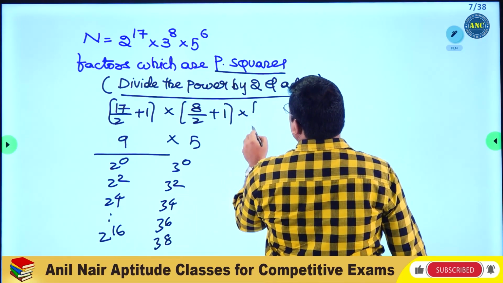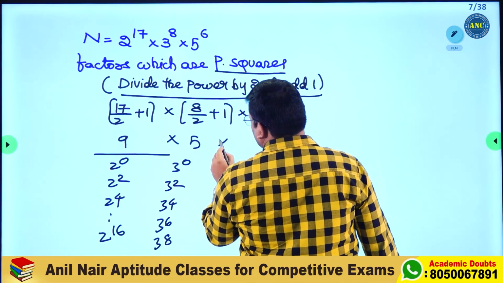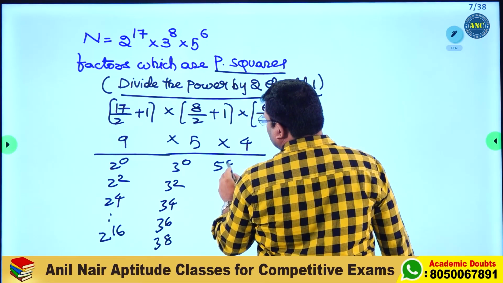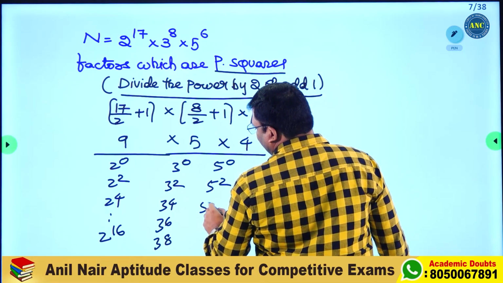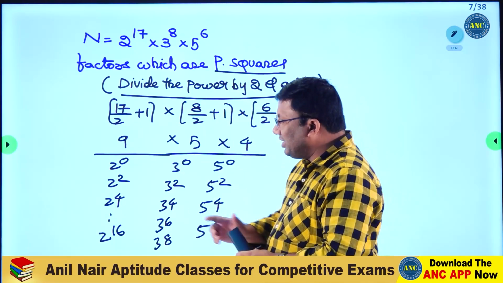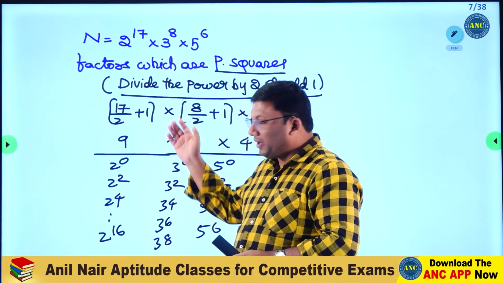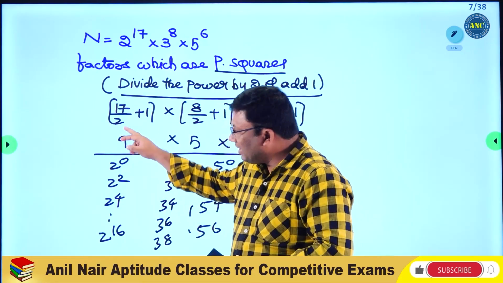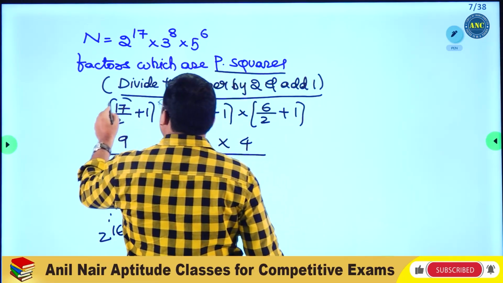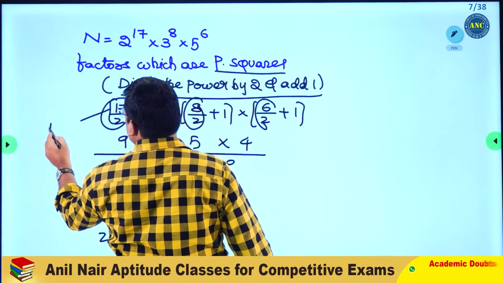Here it is 6 by 2 plus 1, 3 plus 1, 4. What are those 4 cases? 5 power 0, 5 power 2, 5 power 4, 5 power 6. I hope the idea is clear. Since we have taken the 0 case, we have got plus 1. So here 17 by 2 is 8.5, ignore the decimal. If you get any decimal, please ignore the decimal value.